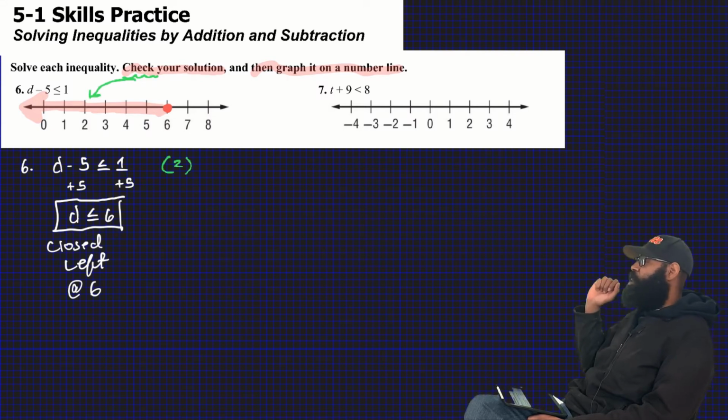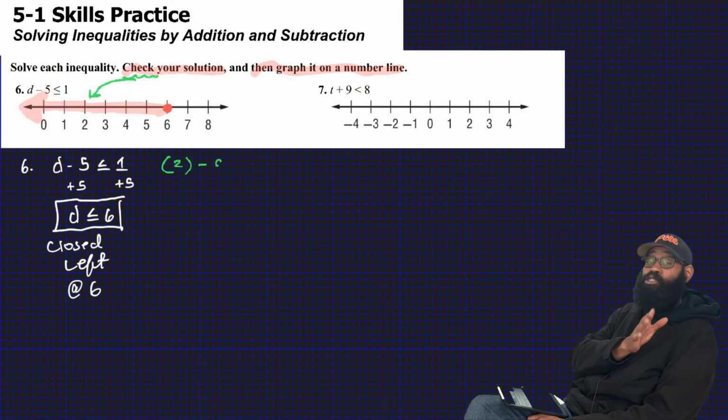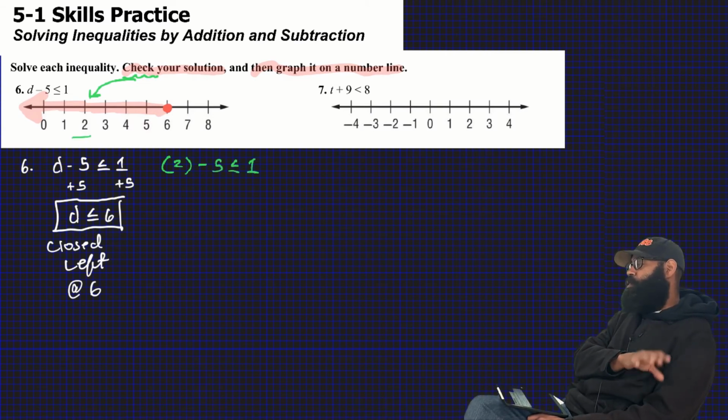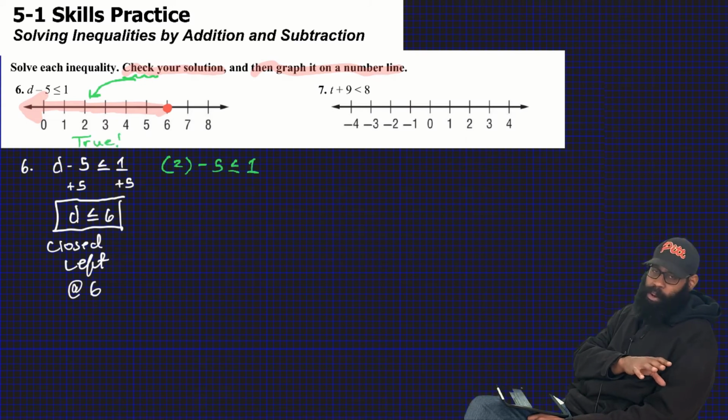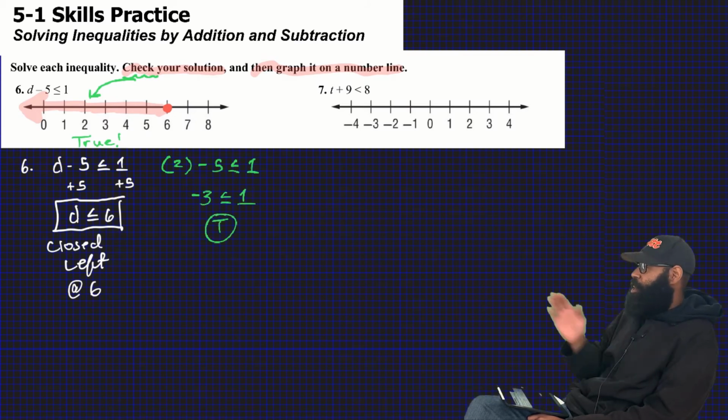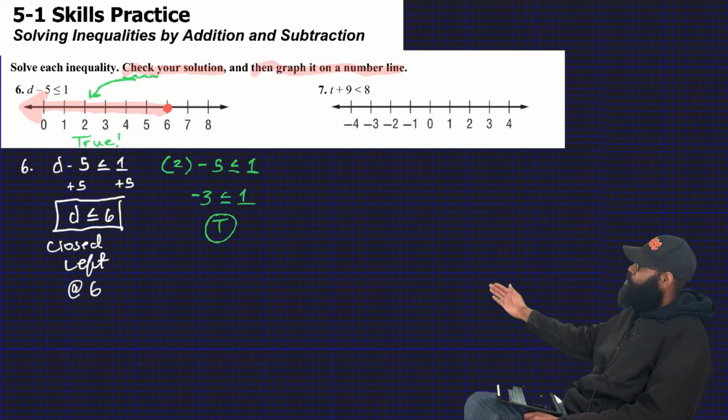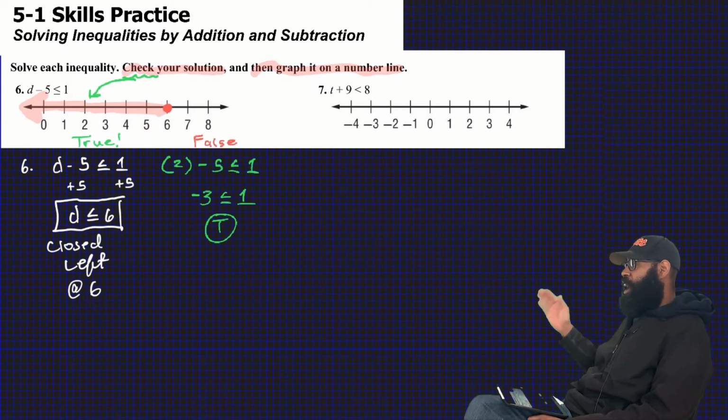Now 2 should be true. Why? Because it's in the shaded area. So 2 minus 5 is less than or equal to 1. What do you think? Well, 2 minus 5 is actually -3. So anything in that shaded region needs to be true. And we got that.